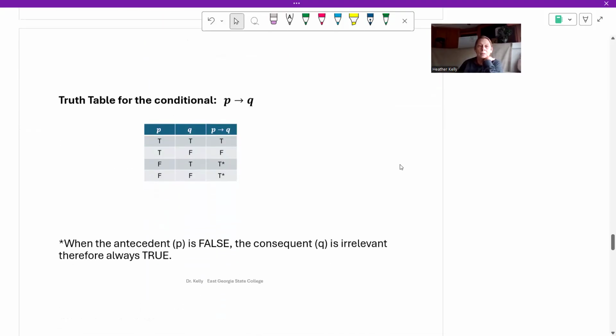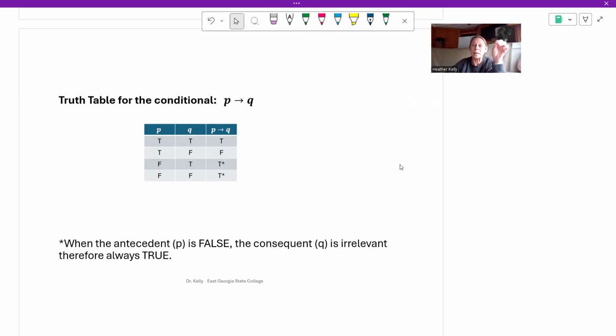So here is the truth table for the conditional.